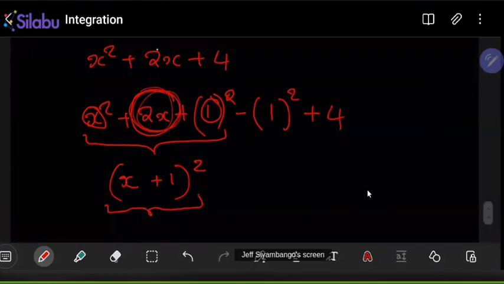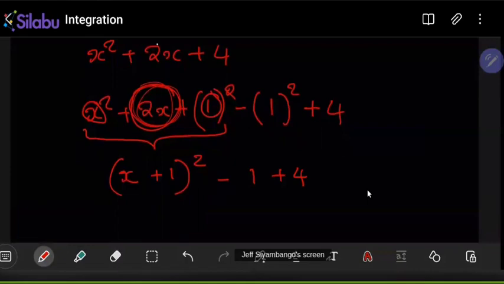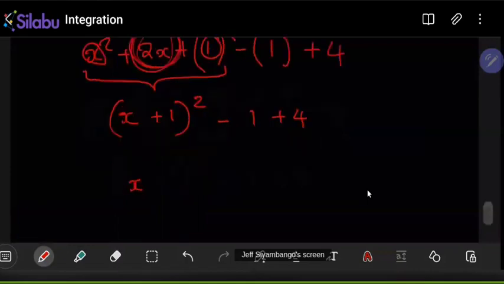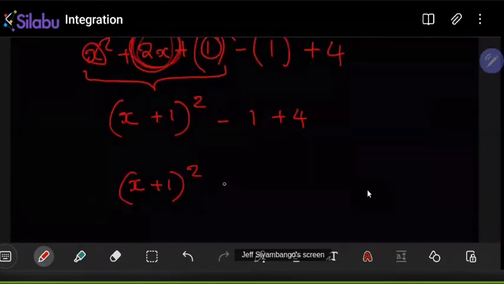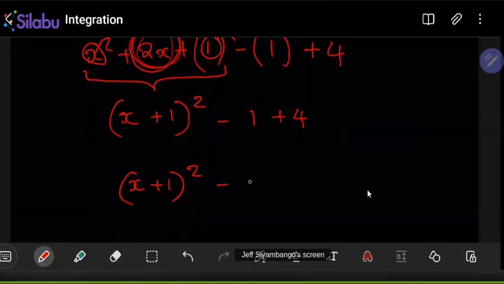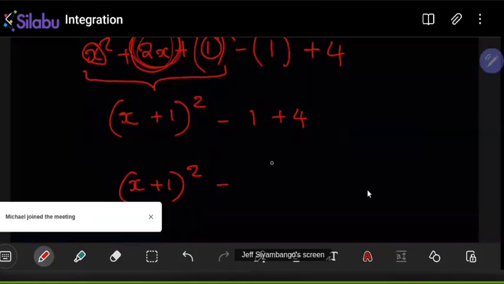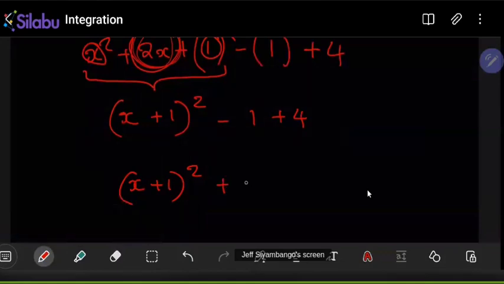So that's how it goes. Then from here, everything else that follows must be exactly the way it is. The square of 1 is going to be 1, then that is plus 4. So this becomes x plus 1, squared, and then this becomes plus 3. So we end up with this expression.